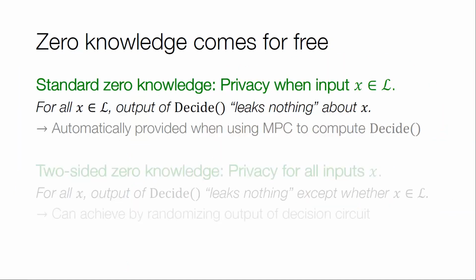In addition, we want some kind of privacy property, right? That the output of this multi-party protocol doesn't leak more than the fact that X is in the language. In fact, sketching schemes, when compiled in this way, give zero-knowledge protocols in the following sense. If X is in the language, the output of the sketching scheme is always 0, so it leaks nothing about X apart from the fact that it's in the language.